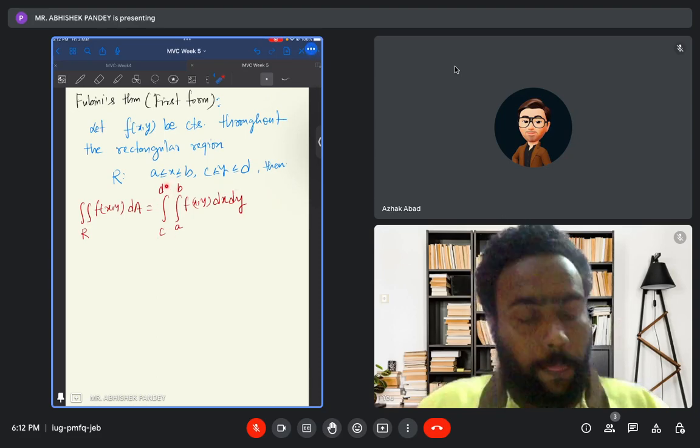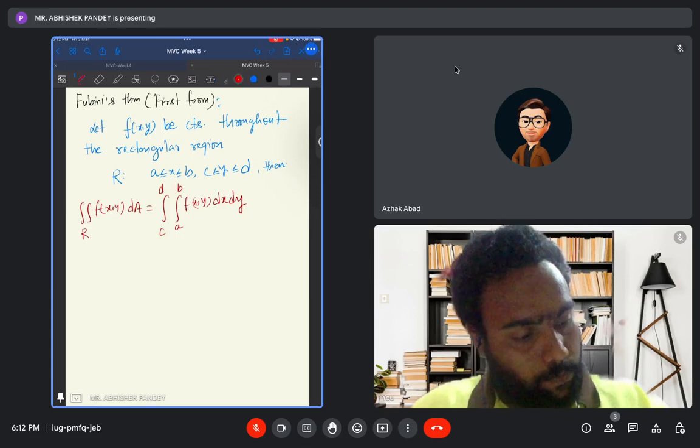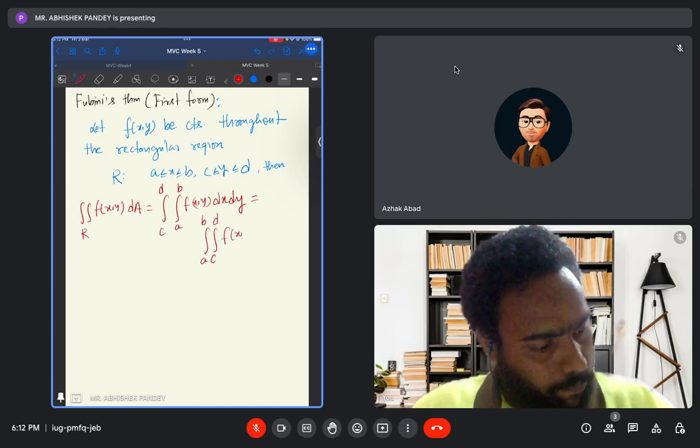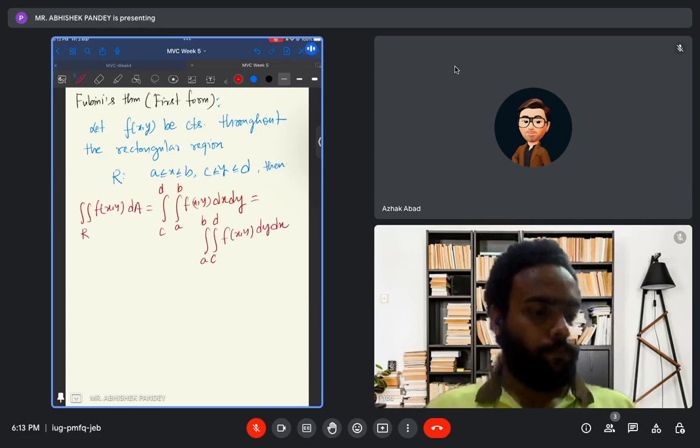This equals the integral from a to b, c to d, dy dx.